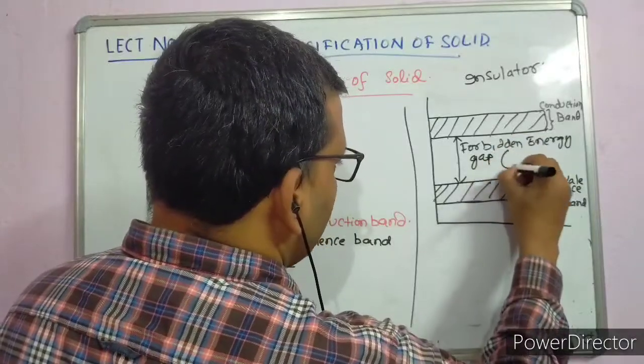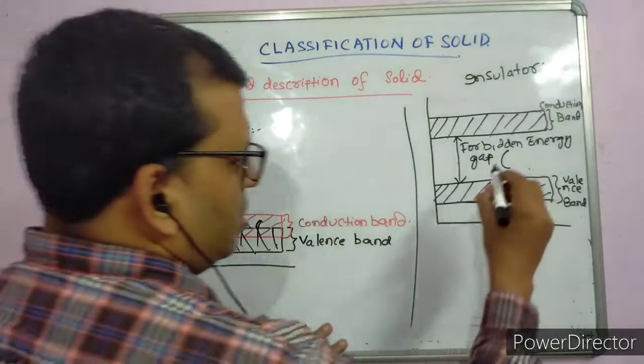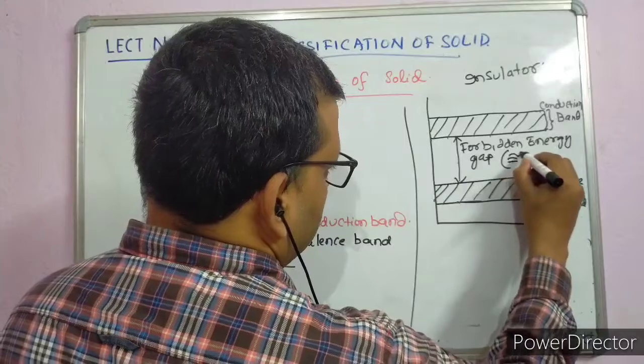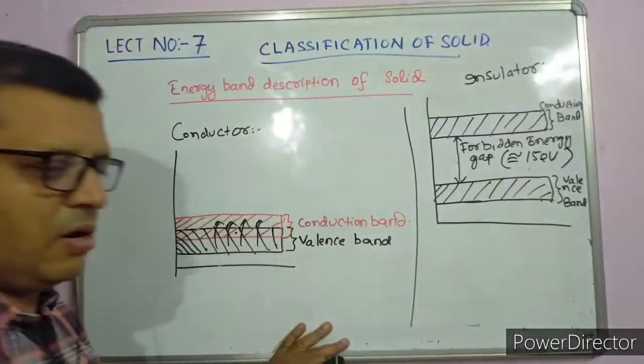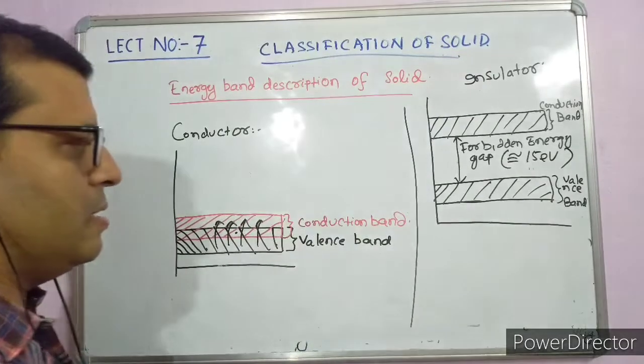This forbidden energy gap is of the order of 15 electron volt, and this 15 electron volt is a very high number.